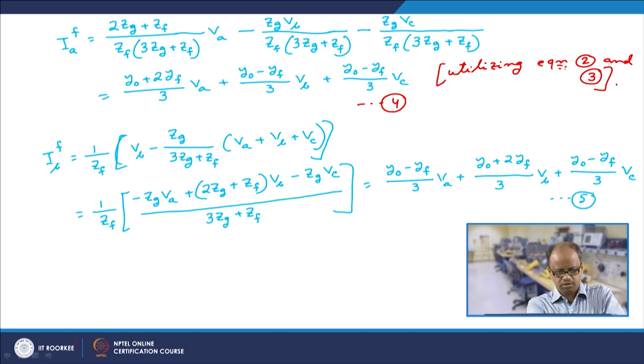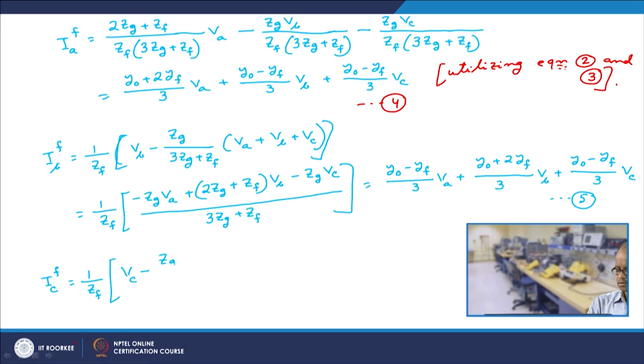Similarly, the expression for ICF would be 1 by ZF into VC minus ZG by 3ZG plus ZF into VA plus VB plus VC.